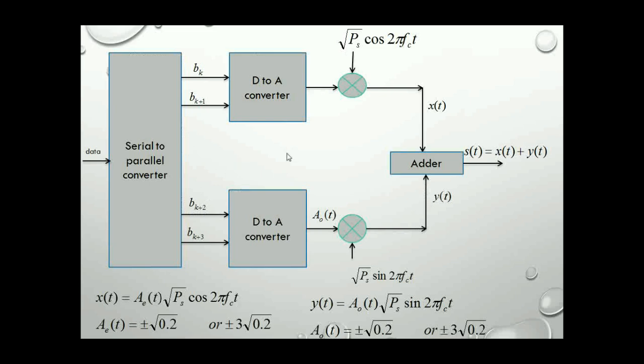So next we'll see how the QAM signals are generated. Input binary data is applied to a serial to parallel converter, wherein the output of the serial to parallel converter will be 4 bits: BK, BK plus 1, BK plus 2 and BK plus 3. BK and BK plus 1 are applied to a digital to analog converter in order to generate AE of t, and that is given to the product modulator.